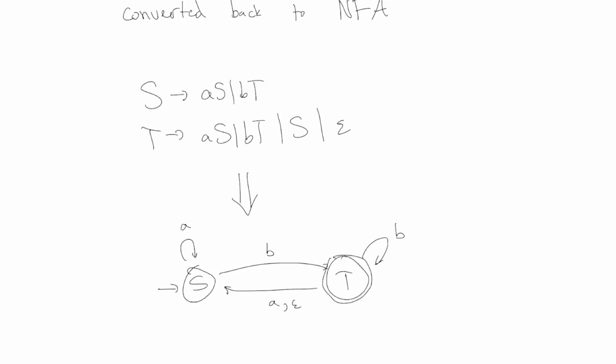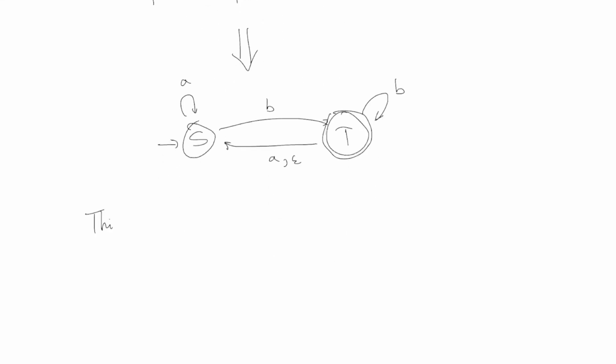So there's a name for this. This works not generally. You can't always do this with a grammar. It's only in very specific examples, but this works for what we call single-step grammars.